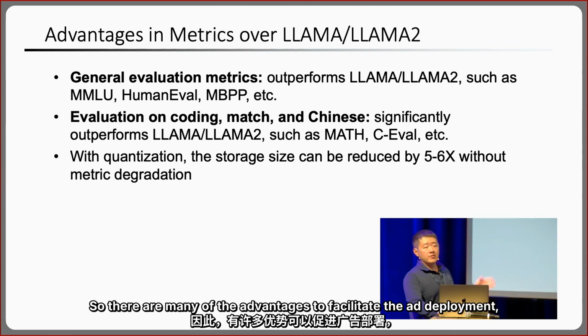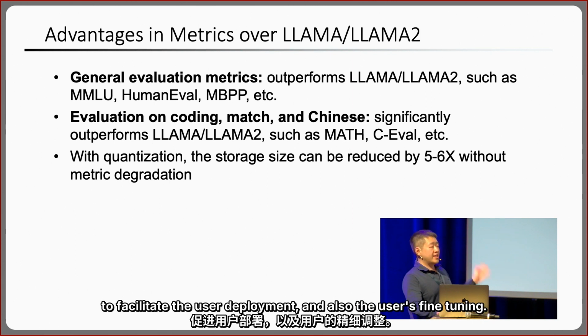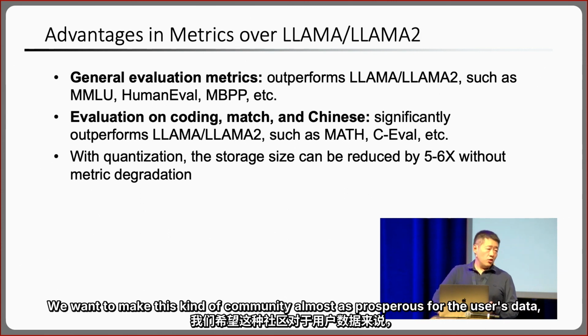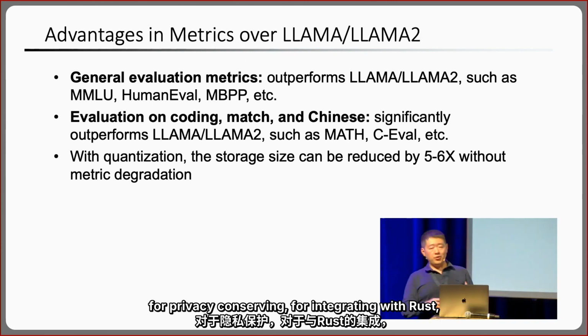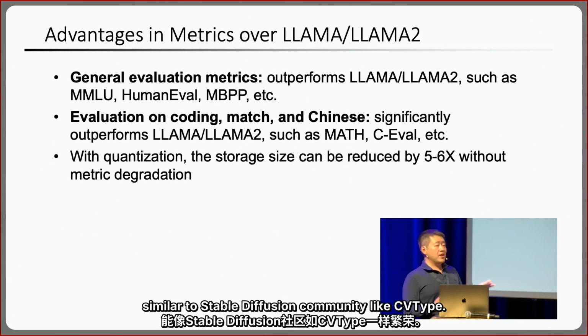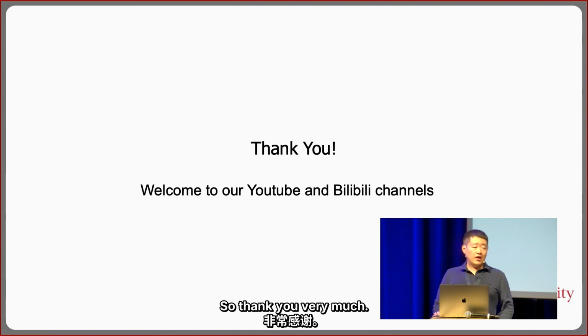There are many advantages to facilitate edge deployment, user deployment, and also users' fine-tuning. We want to make this community as prosperous as possible, for users' data, for privacy preservation, for integrating with Rust, similar to Stable Diffusion's community, like Civitai. So thank you very much. Thank you.